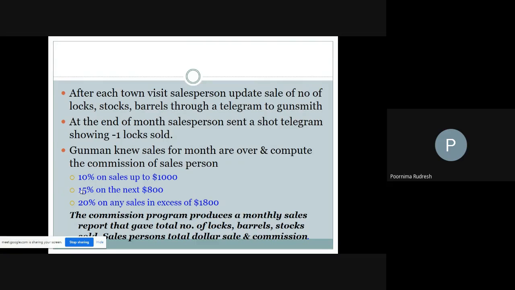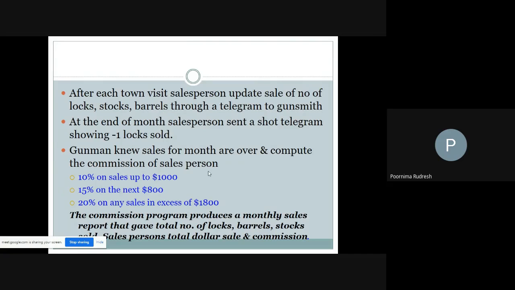Here the commission problem produces a monthly sales report that gives the total number of stocks sold by the salesperson, the total cost of all of those, and also the commission. Understood? This is the commission problem. So in the commission problem, what are the things we are considering?